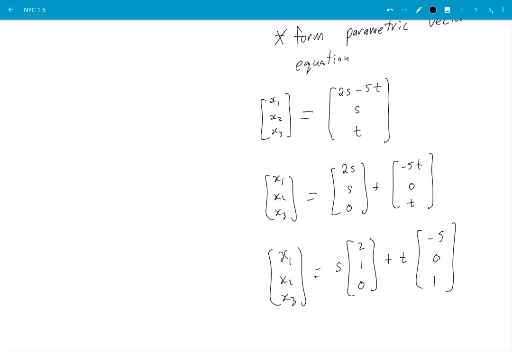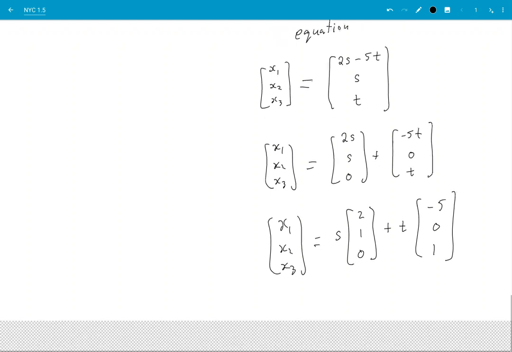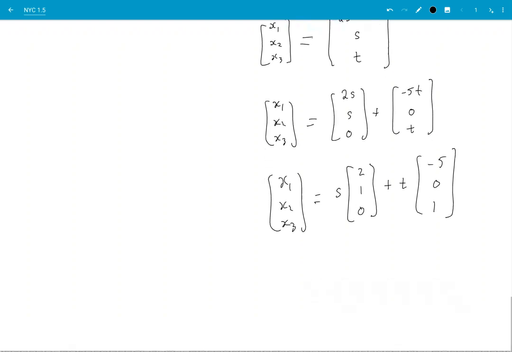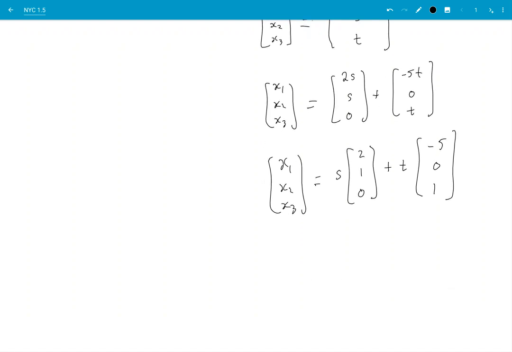This was called the parametric vector equation of a plane, or the parametric vector form of this solution.